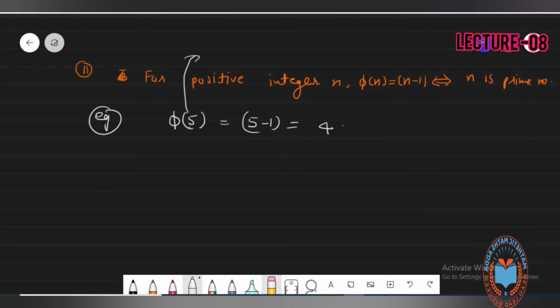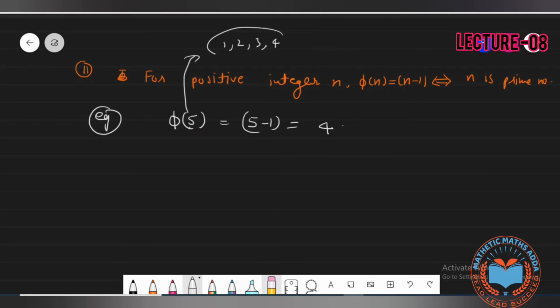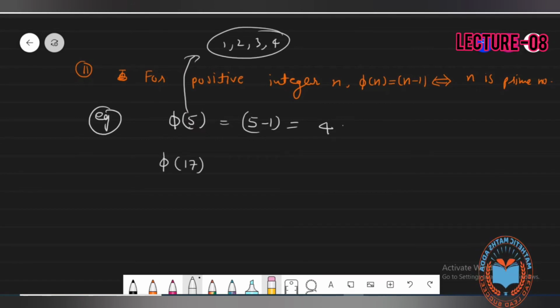I can cross check here. The natural numbers which are less than 5 and co-prime to 5 are 1, 2, 3 and 4. So phi(5) will be 4. Similarly, if I have to find the value of phi(17), again 17 is a prime number. So the value of phi(17) will be 16, 1 less than 17. I can apply this formula conversely.